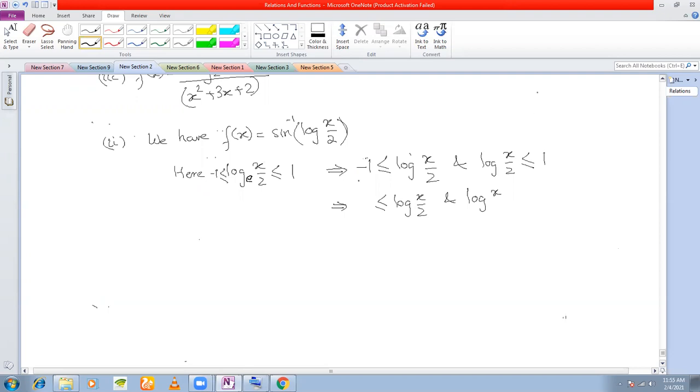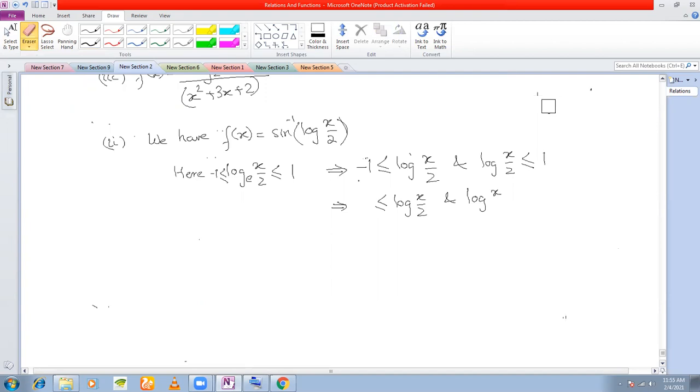Natural log is also written as log x to the base e. Sometimes the base is not written. Most of the time, the base is not written. If the base is not specified for you, you will take the base to be e. Or sometimes it is written as ln x also. So instead of writing log x to the base e, sometimes it is written as ln x.